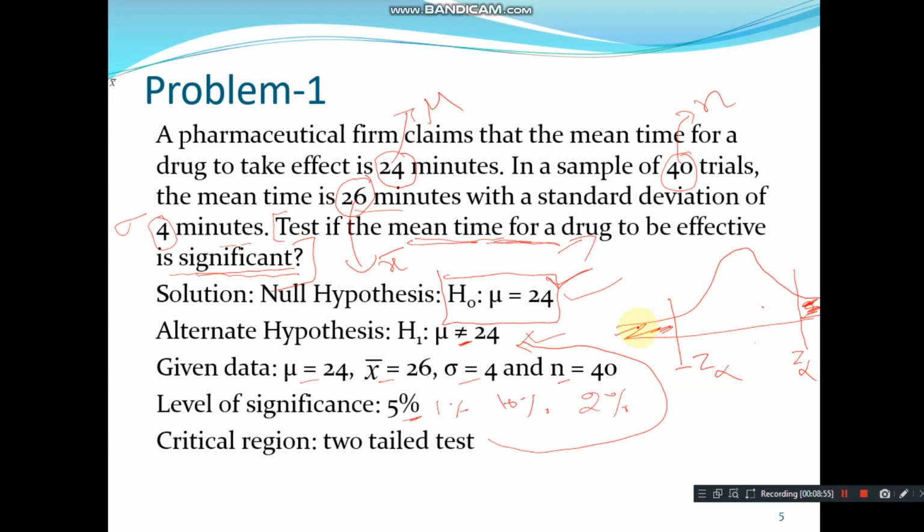The shaded regions are the rejectable region of H0, and in between is the acceptable region of H0. That's why, for not equal to, we are going to use the two tail test, with LHS and RHS both.